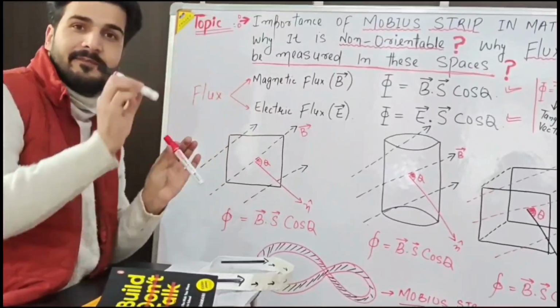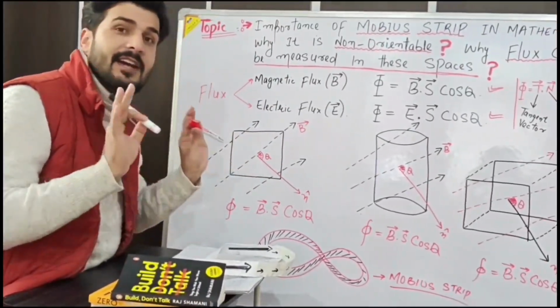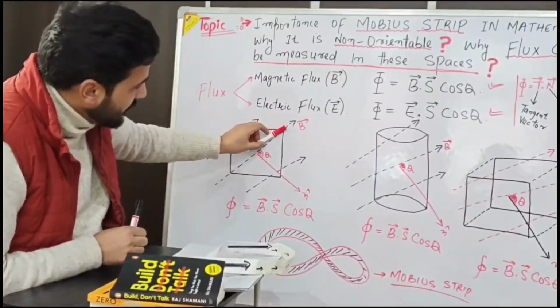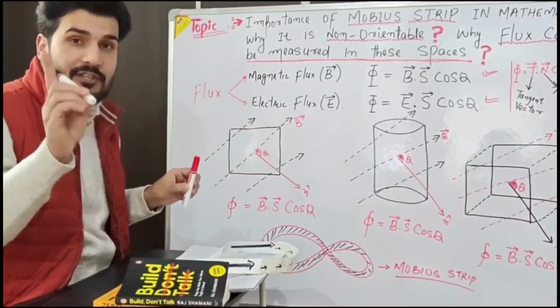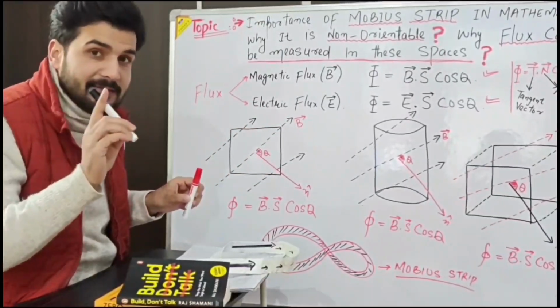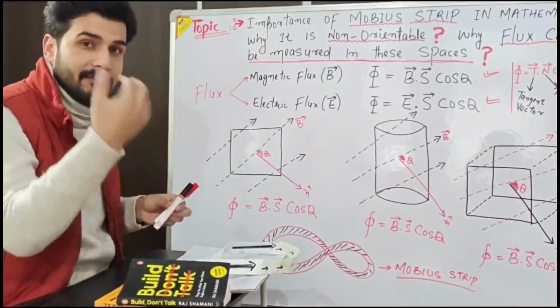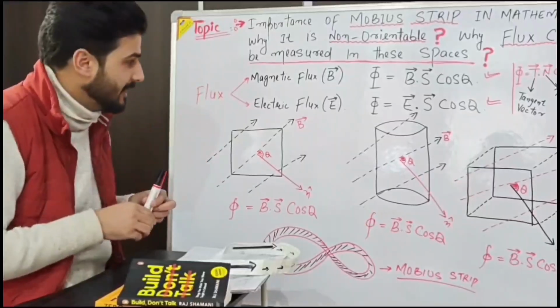It remains the same. It will not change at any point. Wherever you draw the tangent vector and wherever you draw the normal vector, the direction will not change. Just keep this in mind. This is very helpful for us as mathematicians in the near future.